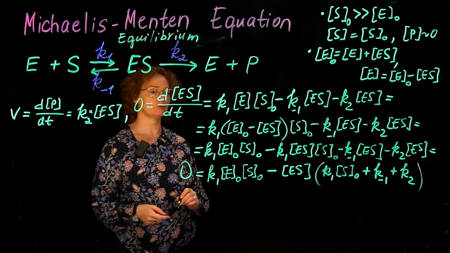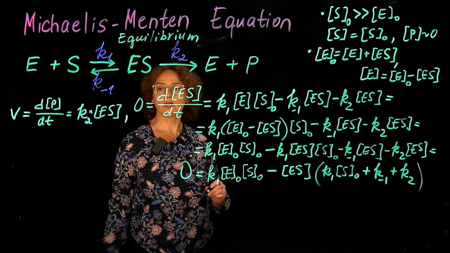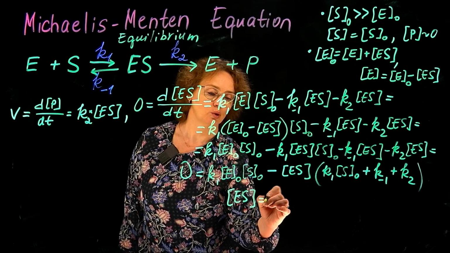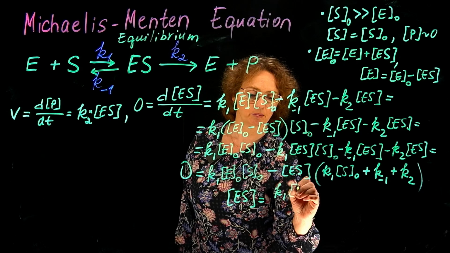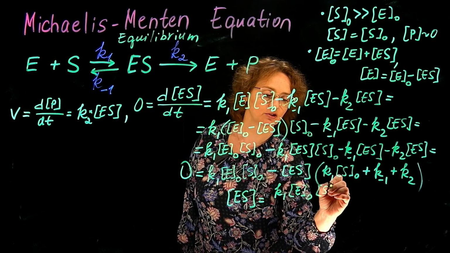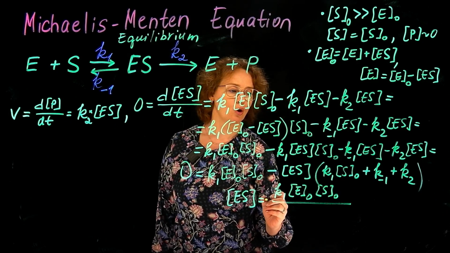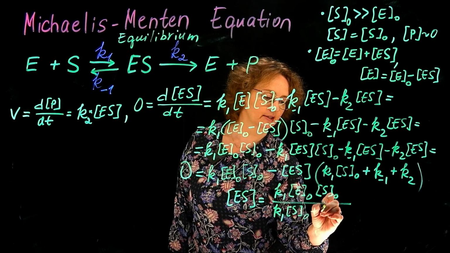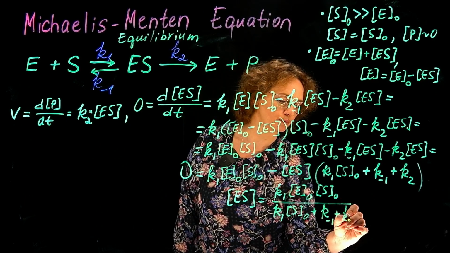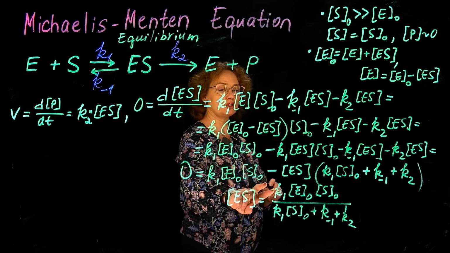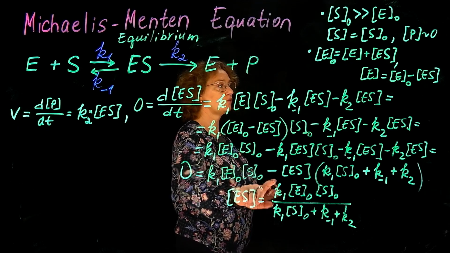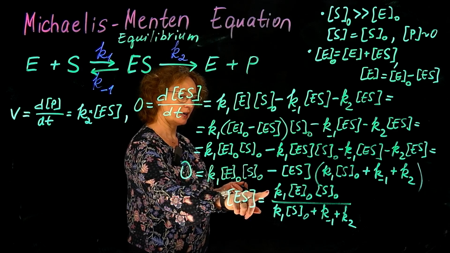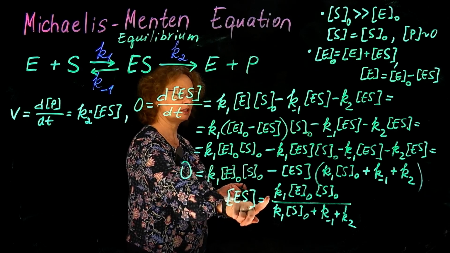And so if we do so, we can solve this equation for enzyme substrate concentration, which is K1 times original enzyme concentration times original substrate concentration over K1 times substrate concentration plus K minus 1 plus K2. And we can further rearrange this equation by getting rid of K1 in the numerator. That will be if we divide both numerator and denominator by K1.